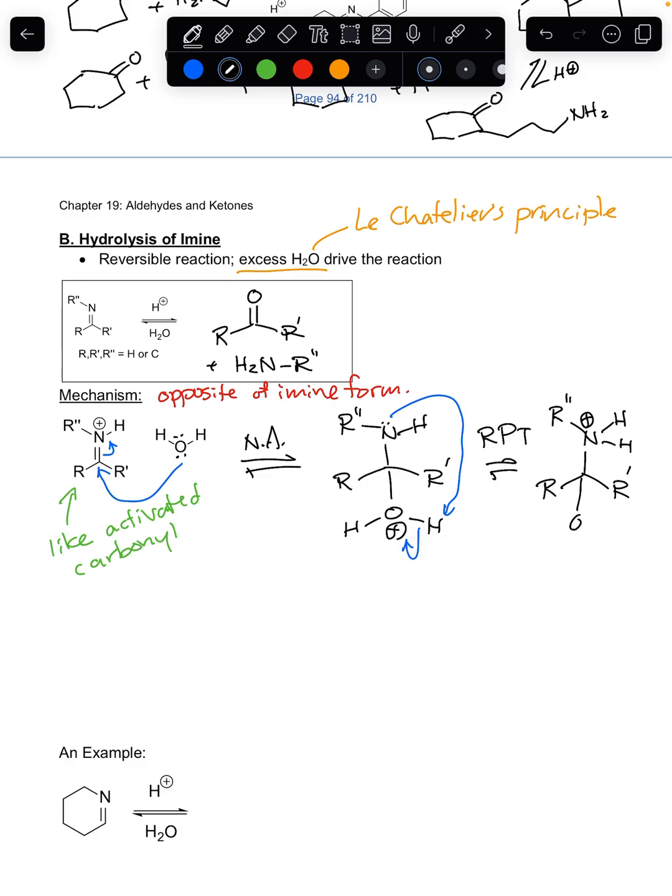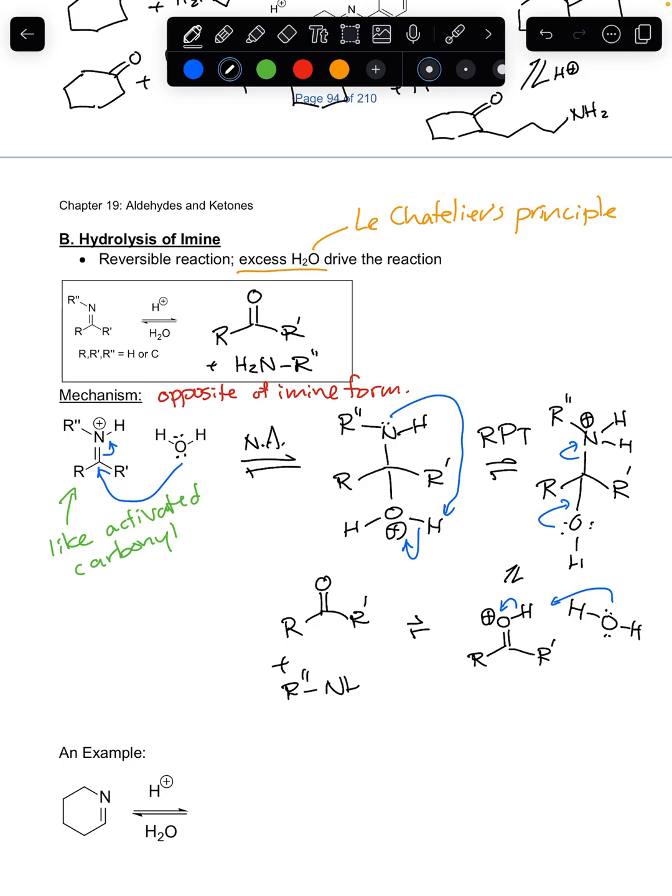And once that happens, the nitrogen cation could be pushed off as a neutral amine, like so. And once deprotonation occurs, then you have your recovered ketone and the recovered primary amine.